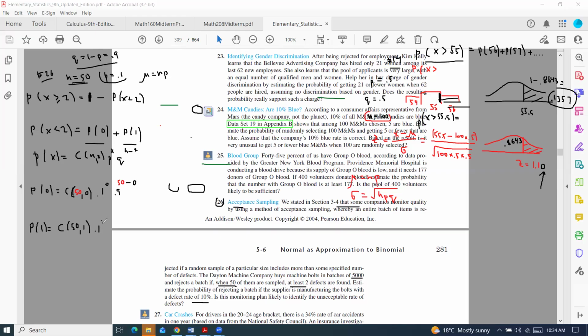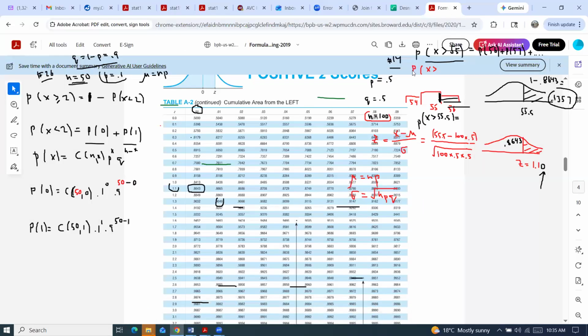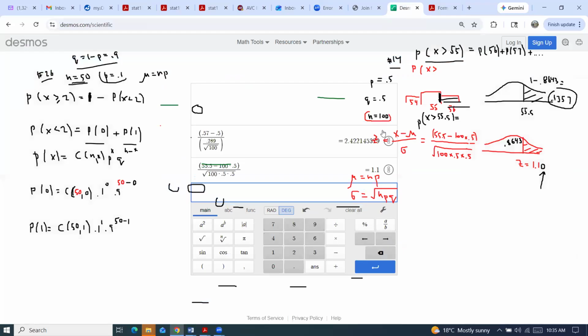So I have now 1 I put here, and then I go 0.9 to the power of 50, subtract 1. Let me use a calculator and do this twice and then add the results, right? Standard procedure that we already mastered.